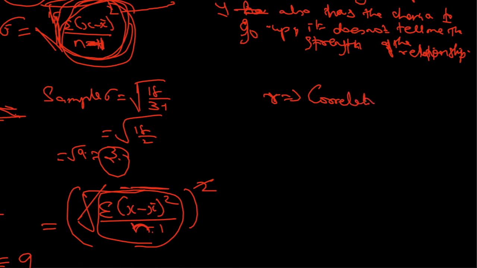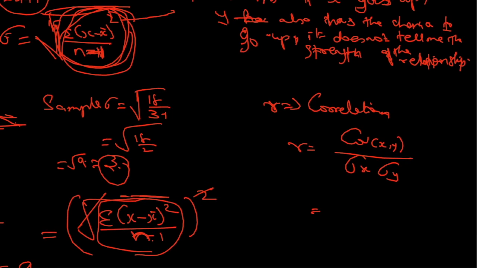So correlation will help me to tell the strength of the relationship between x and y variable. So R is equal to covariance of x comma y divided by standard deviation of x into standard deviation of y.